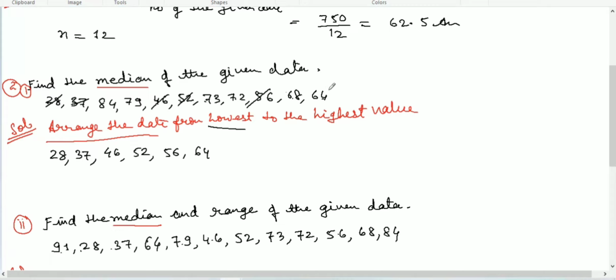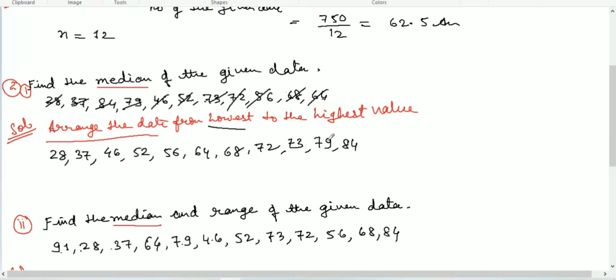Then we have 68, so cut it here, 68. Then 72, cancel 72. And then we have 73 here, cancel it out. Then 79, and then we have 84.